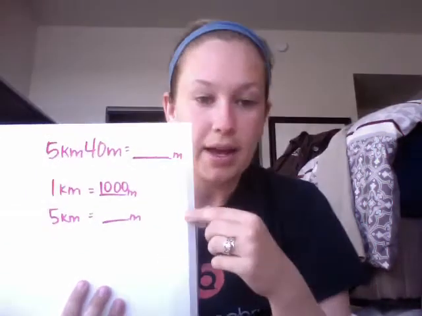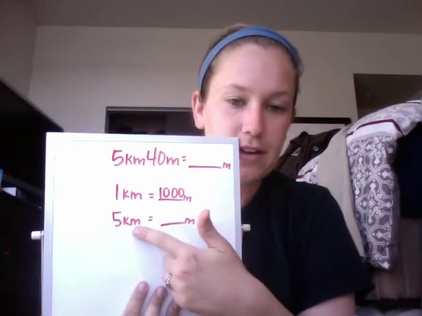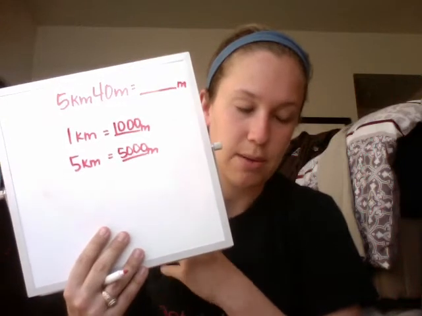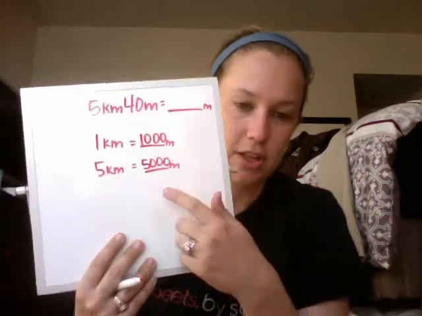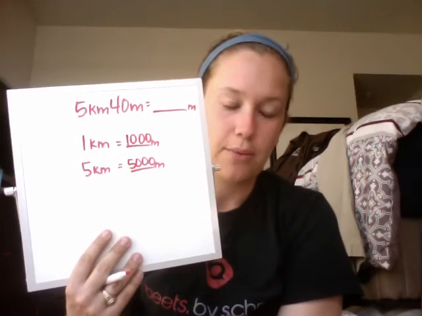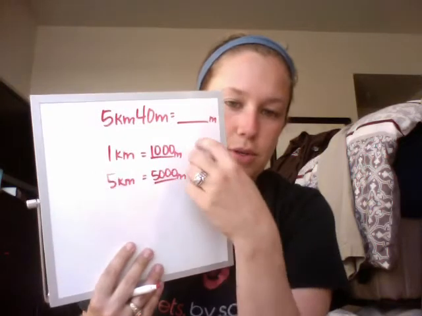Okay, but here I know that I need to multiply my 1,000 meters by 5, which, multiplying by 1,000, you just add 3 zeros to the end of your number. So 5,000 meters is how much is in 5 kilometers. Now I need to add my 40 meters, so 5,040 meters would be my answer.